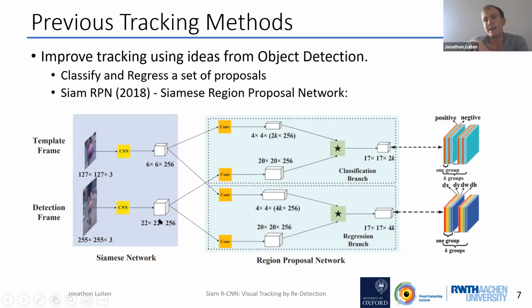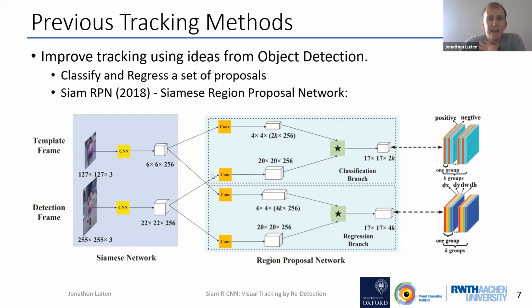Then instead of having just a single correlation, you learn some different features, one for classification, one for regression. You do that correlation to get some correlated features, and then you output, in this case, a logit for whether it's the same or not, and in this case, regressed values for how you want to change that bounding box so that it best fits the object.